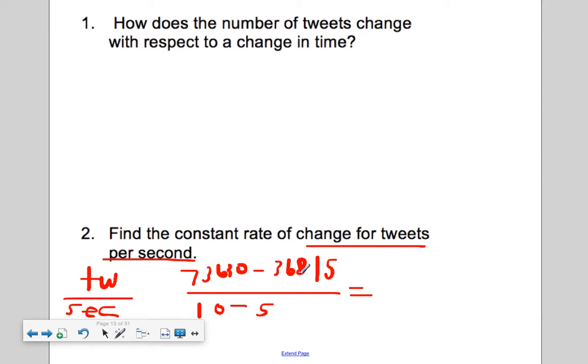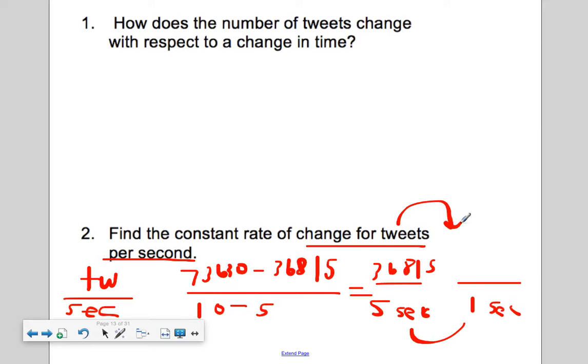If I subtract this, change of y over change of x, that would be 36,815 tweets, and that took 5 seconds. But I want to break this down per second, 1 second. So I could divide by 5, or multiply by 1/5.